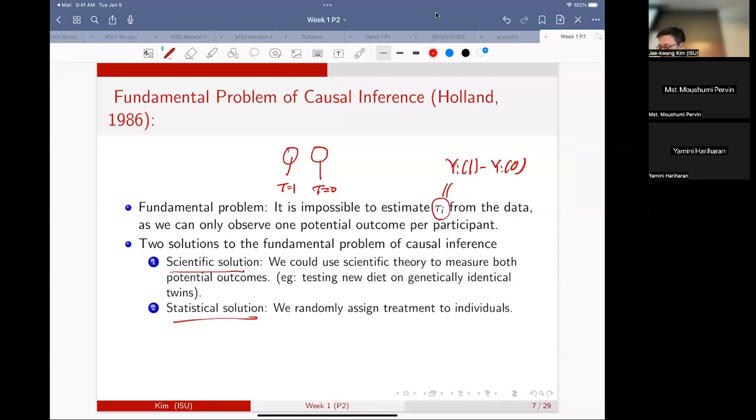So this is the statistical solution: do some randomization trick. We'll see how the magic of randomization can be used to solve the fundamental problem of causal inference.